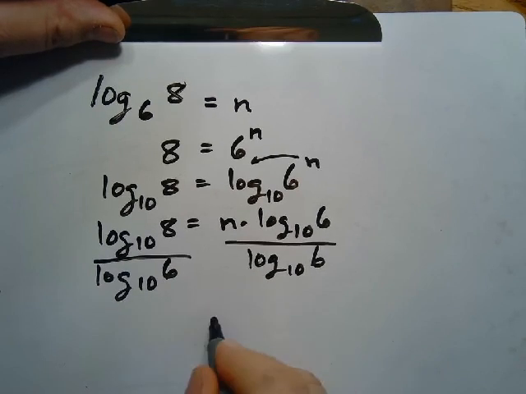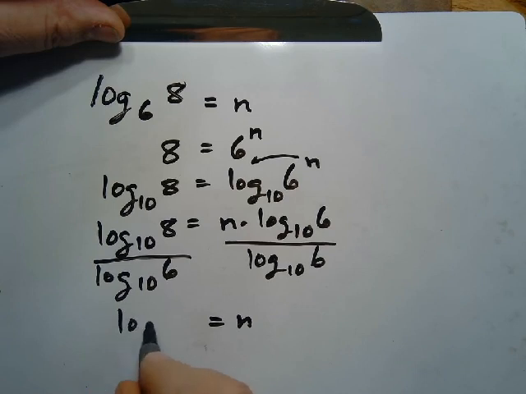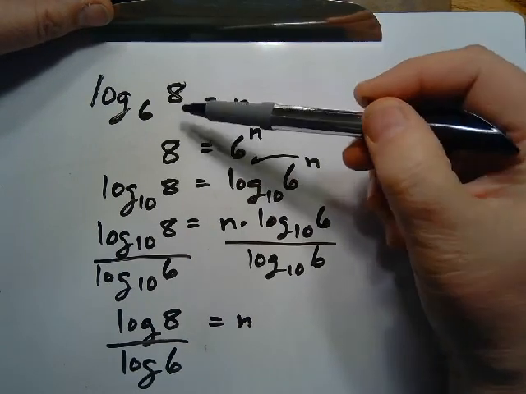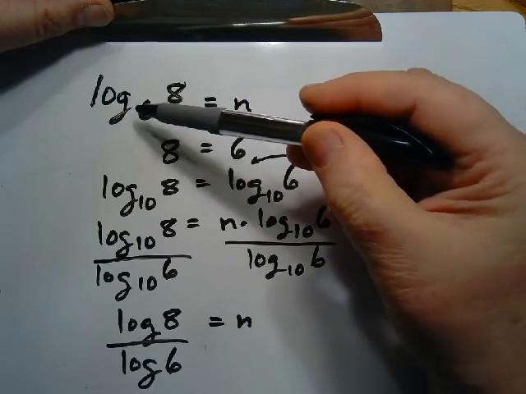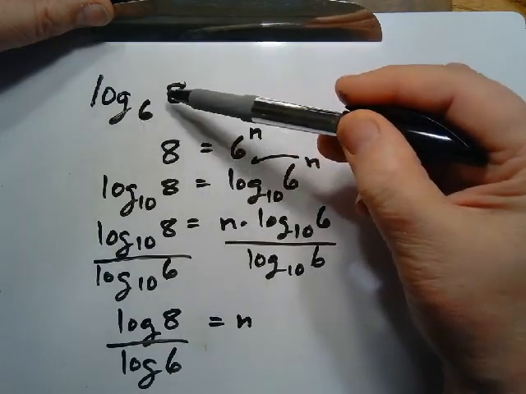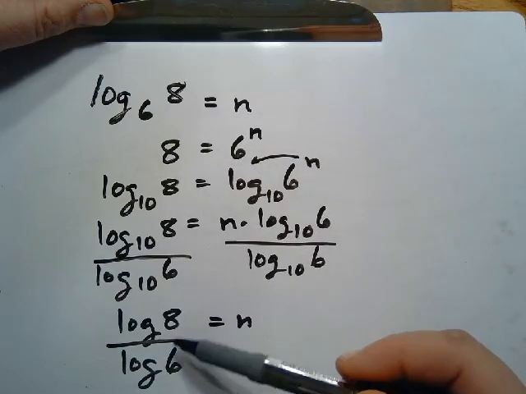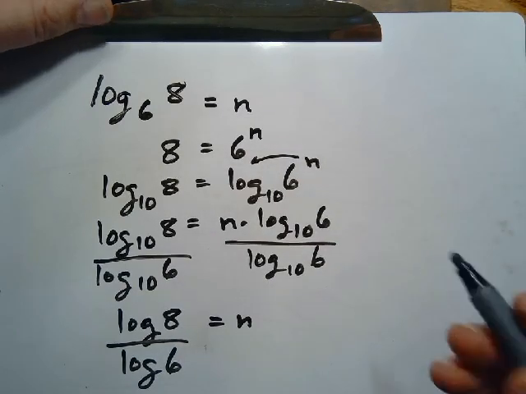Well, n is alone, and it is equal to, I'm not going to write the 10s this time, log base 10 of 8 over log base 10 of 6. Now, let's compare that to our original problem. Look up here. Notice to convert anything with a different base other than 10, we're going to take log base 10 of the top number and divide it by log base 10 of the bottom number.